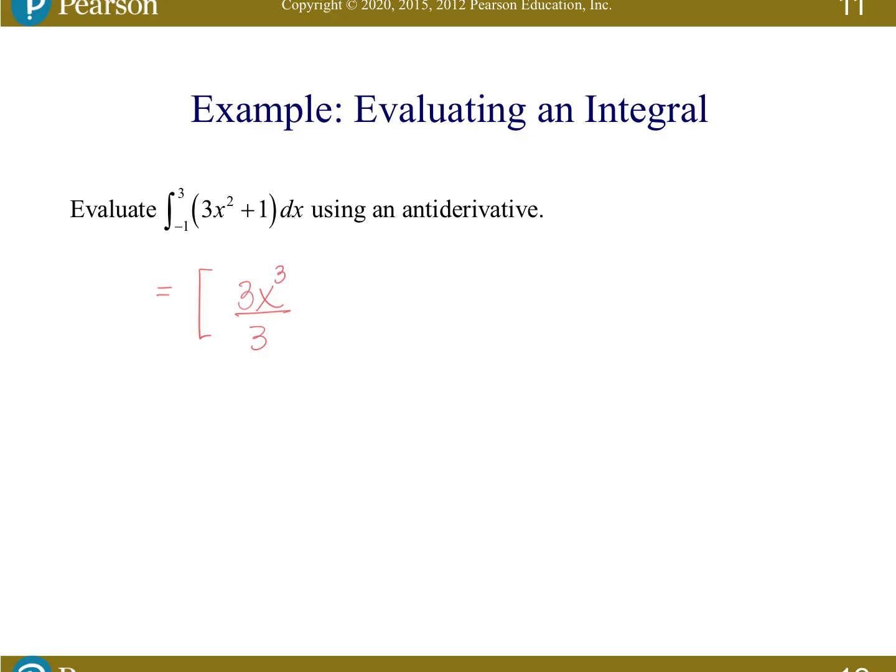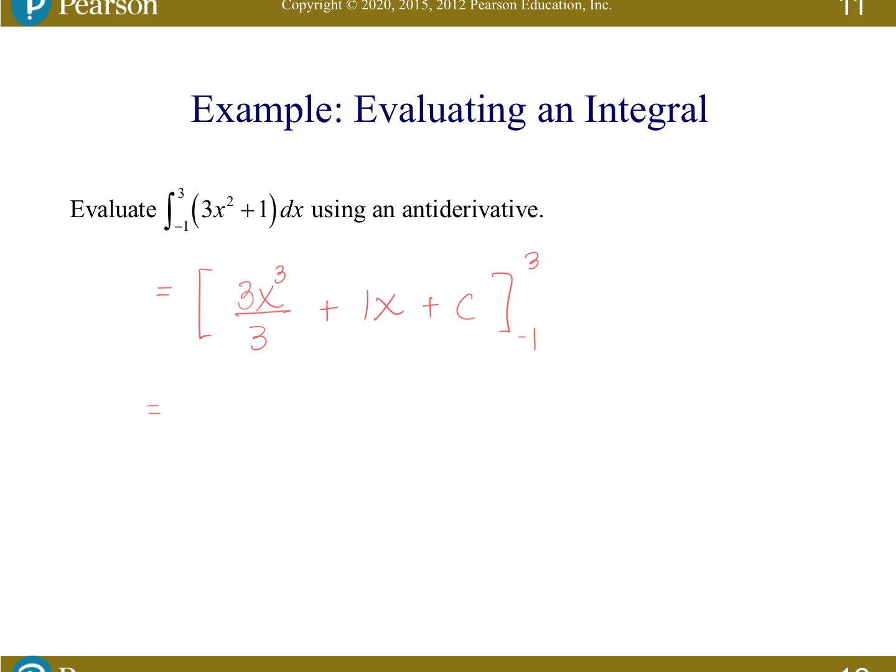This one is add 1 and then divide. And then the antiderivative of the constant number 1 would be 1x. And then there's always a constant that makes this a series of antiderivatives that have different y values, and then going from -1 to 3.